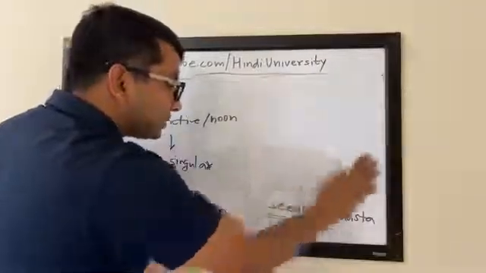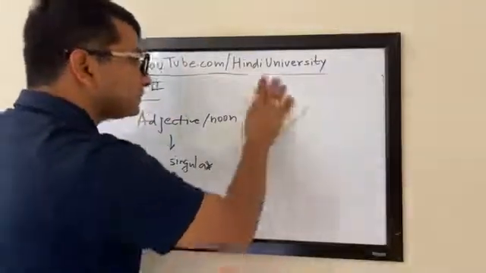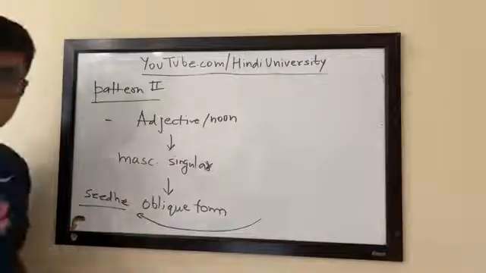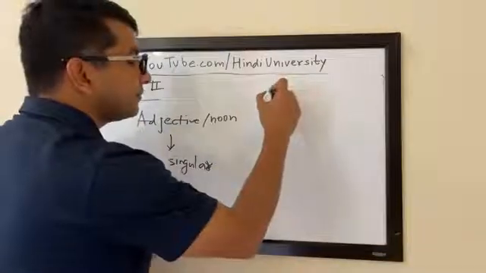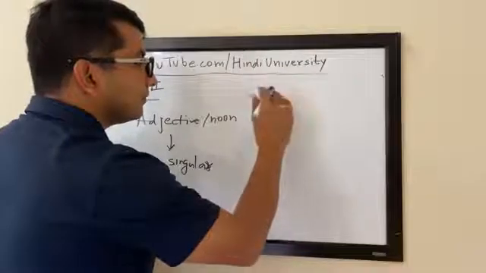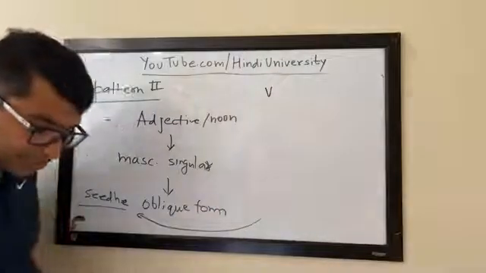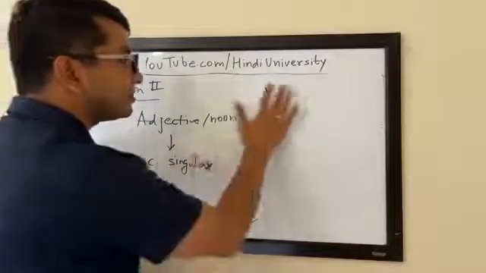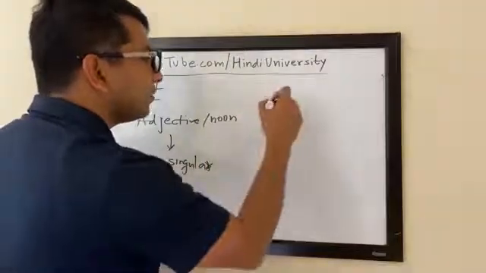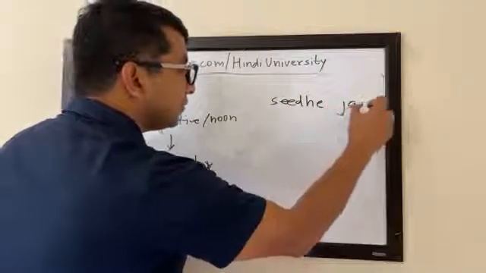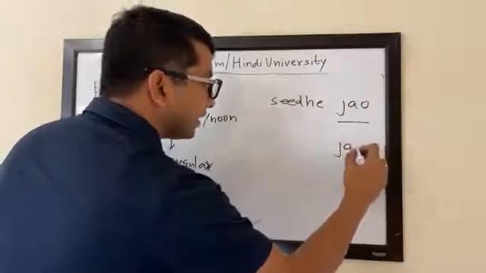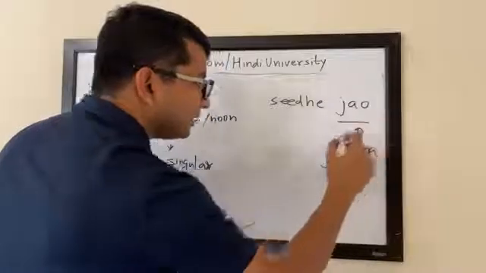Now, let's say I want to use an imperative sentence. If I am giving someone a direction and I say सीधे जाओ, I'm using the verb jana in the imperative form here.